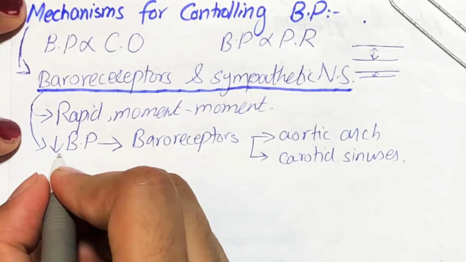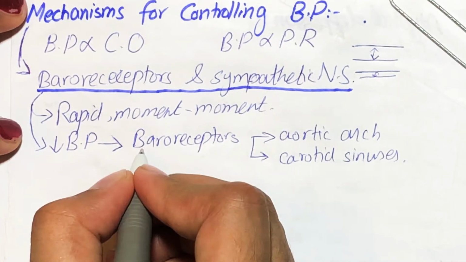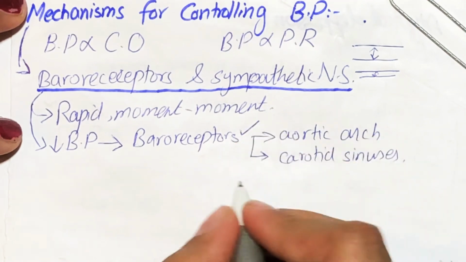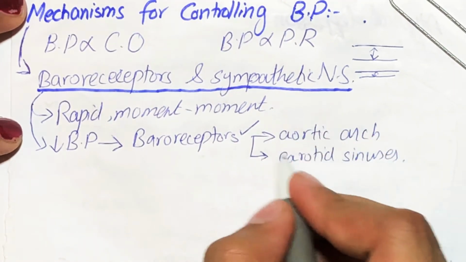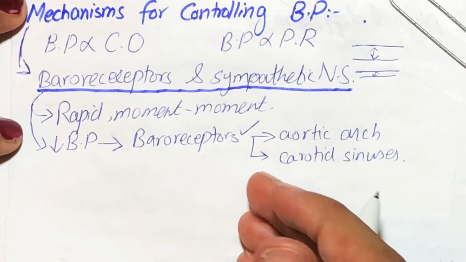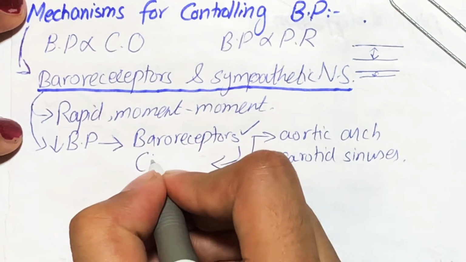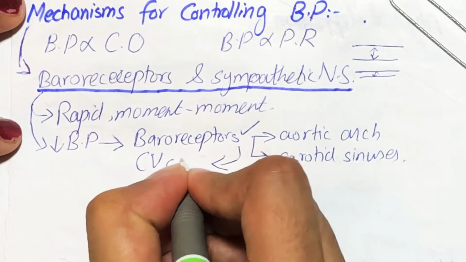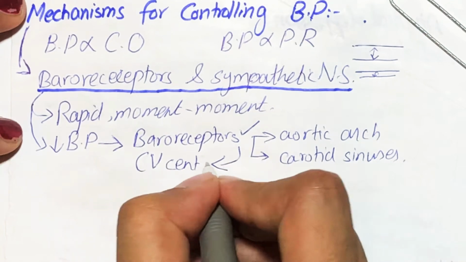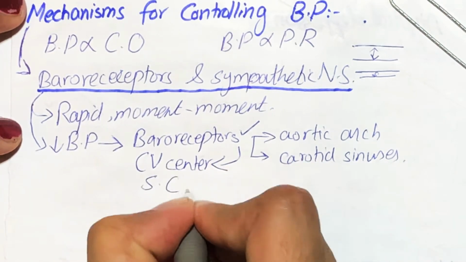So there is a decrease in the blood pressure. What will happen? Baroreceptors, which are present in the aortic arch or carotid sinuses, are now being activated. Their activation will cause signaling to the cardiovascular center present in the spinal cord.